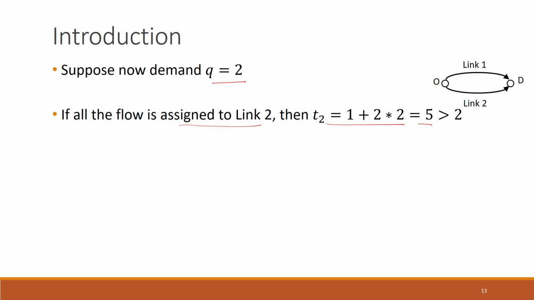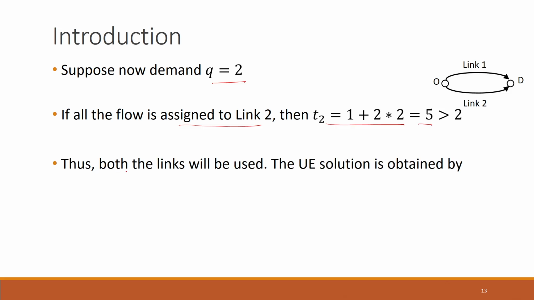So it is equal to 5, which is greater than 2. In this case both the links will have to be used, because if you assign everyone to link 2, then the travel time on that will be greater than the travel time experienced on link 1 if there is 0 flow. So it makes sense to use both the links here.